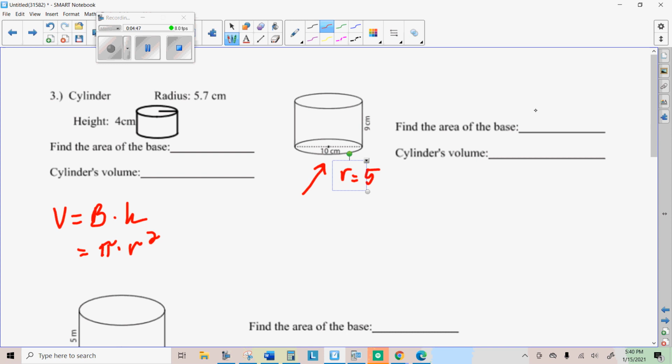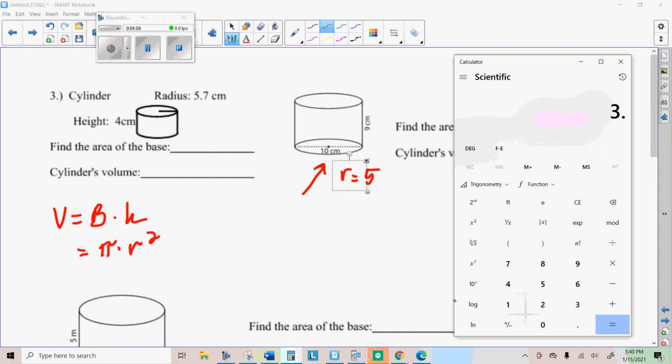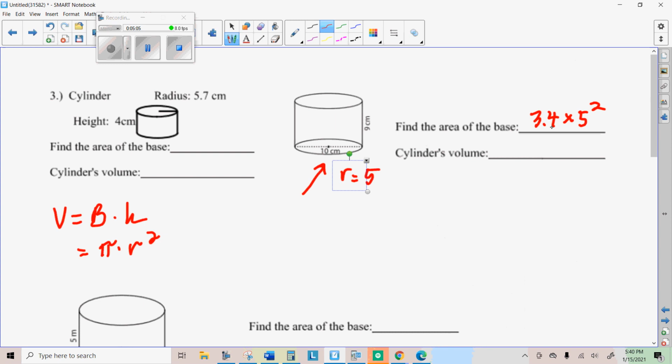So the area of the base is pi times the radius squared. I'm going to go ahead and do that on my calculator. 3.14 times 5 squared equals 78.5. And then you have to figure out what the height is. The height is, remember, between the bases.